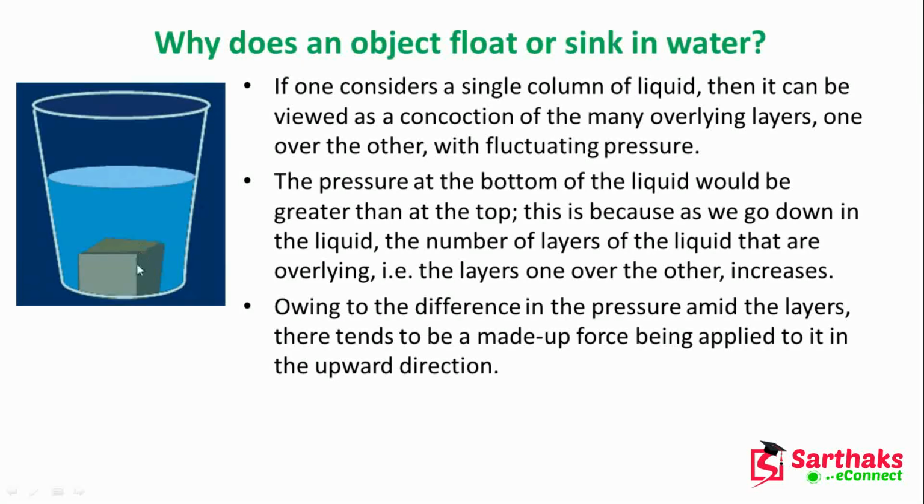The pressure at the bottom of the liquid will be greater than at the top, because as we go down in the liquid, there is a greater number of layers of liquid overlying. This difference of pressure depends on the height of the water, and due to this the object may float or sink.